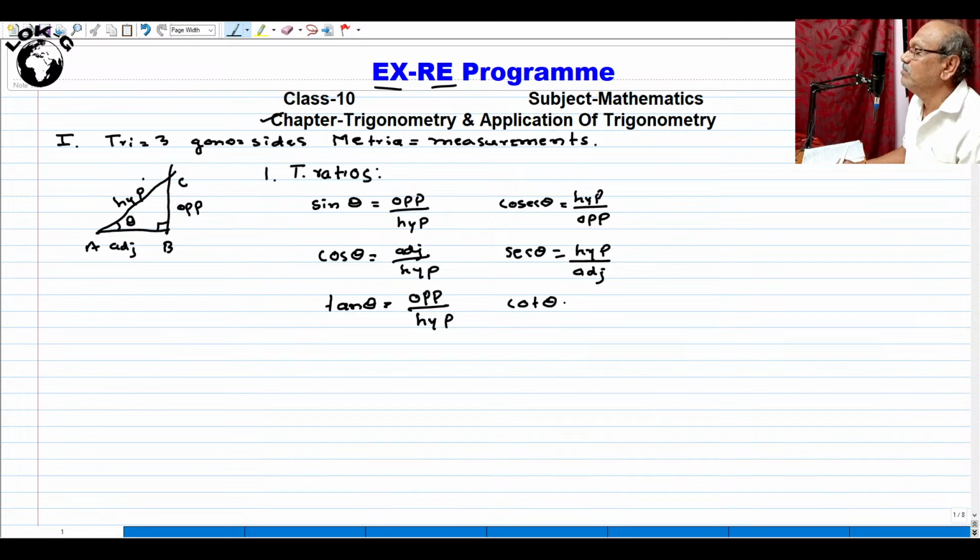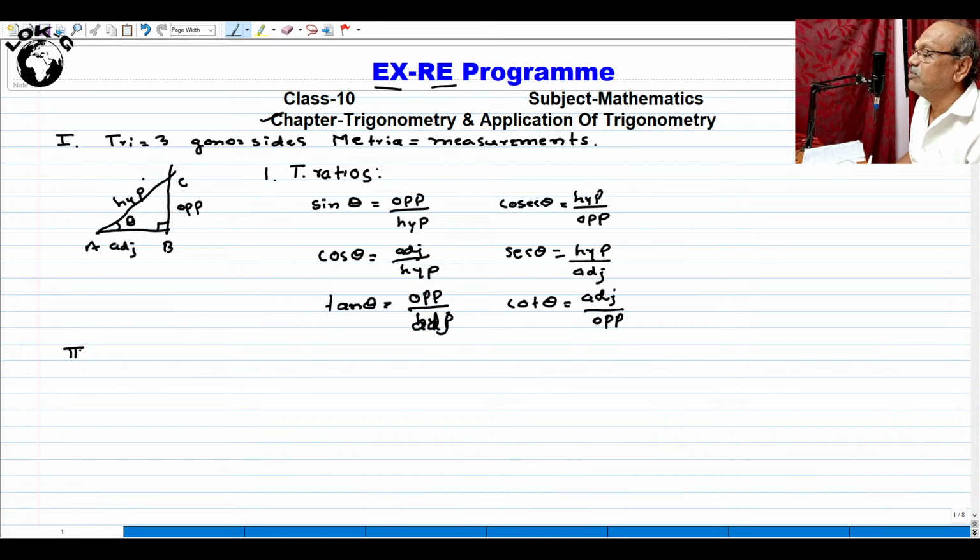Tan theta and cot theta, pause it and check, can you reproduce them without anything. Tan theta is given by opposite upon adjacent. Cot theta is the reciprocal of it, that is adjacent upon opposite. This is the first step in the study of trigonometry. You must be perfect with all 6 trigonometric ratios.